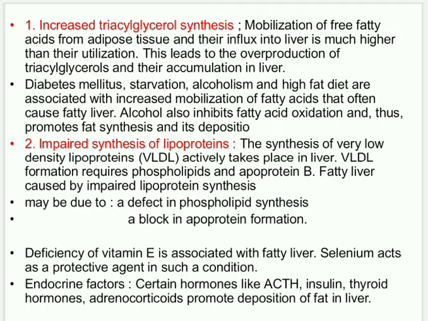So diabetes mellitus, starvation, alcoholism, and a high fat diet are associated with increased mobilization of fatty acids that often cause fatty liver. Alcohol also inhibits fatty acid oxidation, and thus it promotes fat synthesis and the deposition of triacylglycerol in the liver.